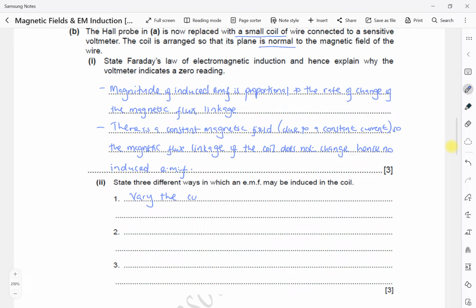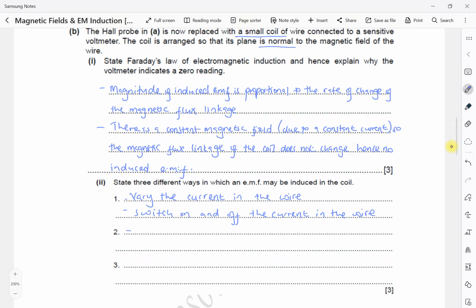The second one, switch on and off the current in the wire.